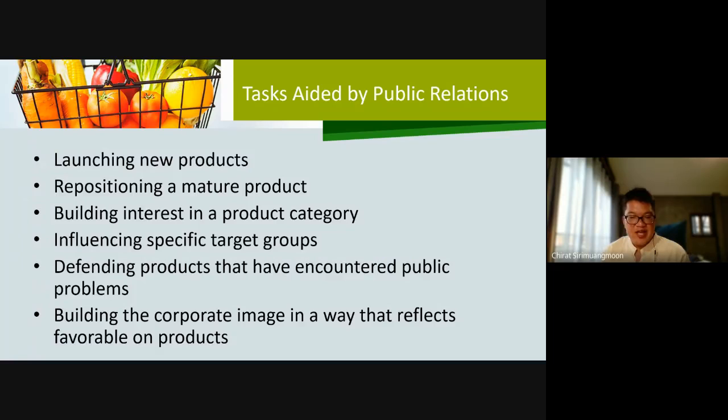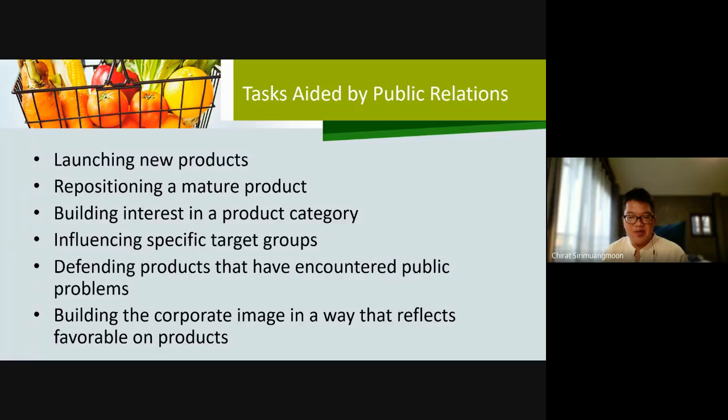Defending products that have encountered a public problem. A good CEO, when you have any problem, will be the first person to confront the problem and announce what they did. So this is defending products: trying to solve the problems, be nice, and be honest with the consumers.